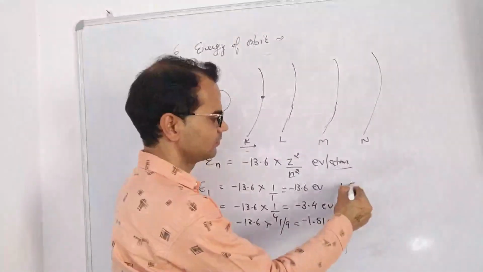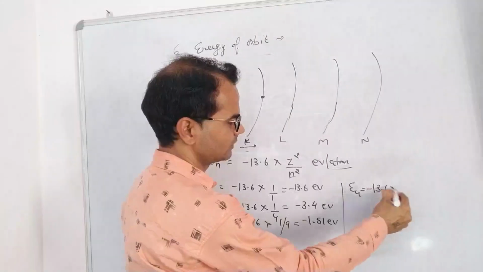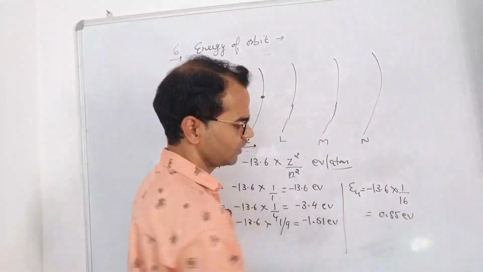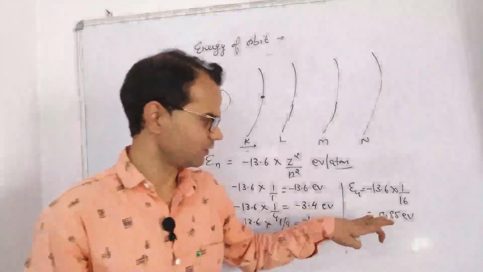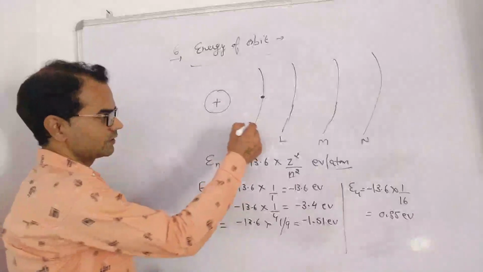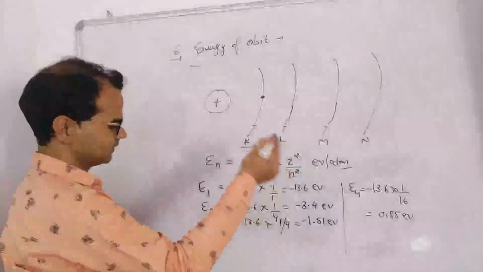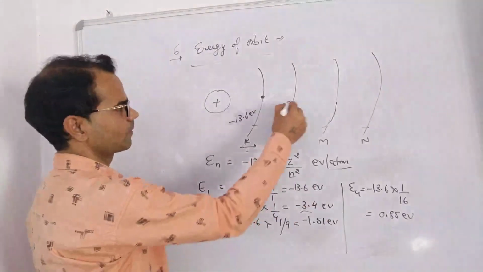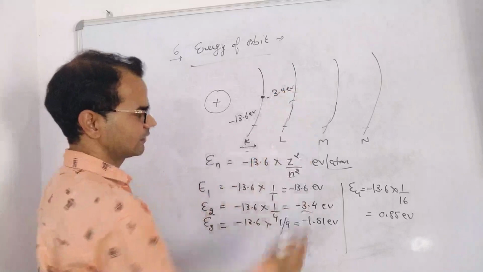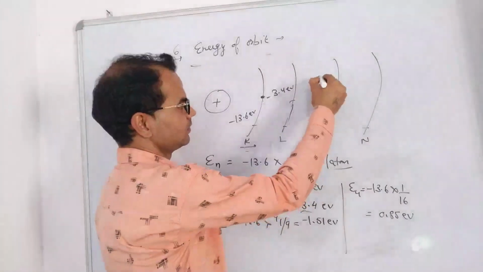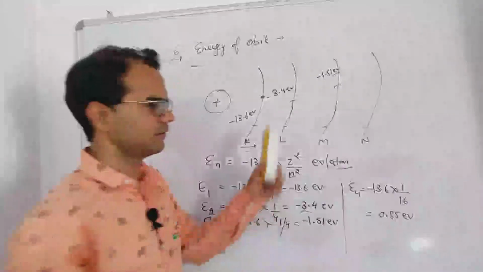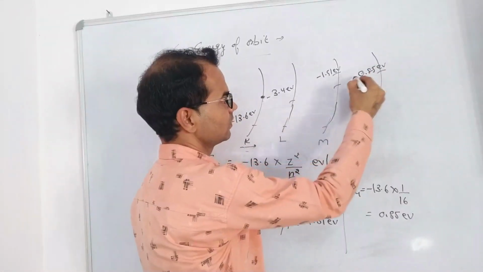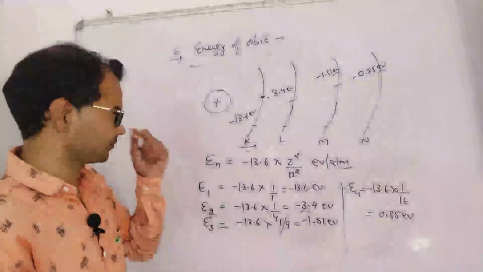And E4 equals minus 13.6 into 1 by 16, which is minus 0.85 electron volt. So these are the values for the first, second, third and fourth orbits: minus 13.6 electron volt, minus 3.4 electron volt, minus 1.51 electron volt, and minus 0.85 electron volt.